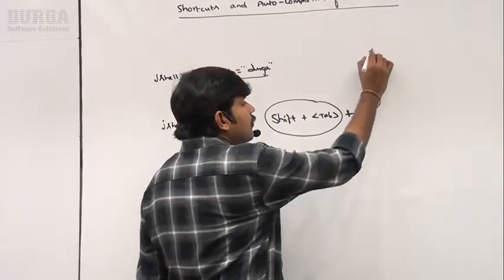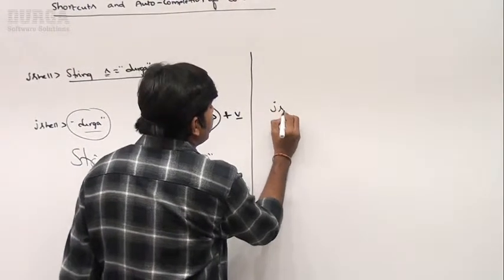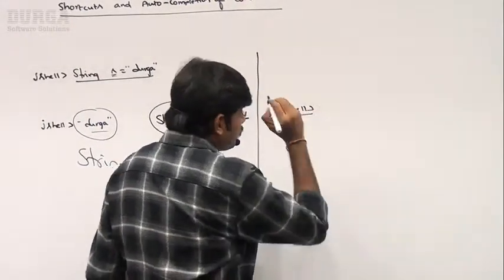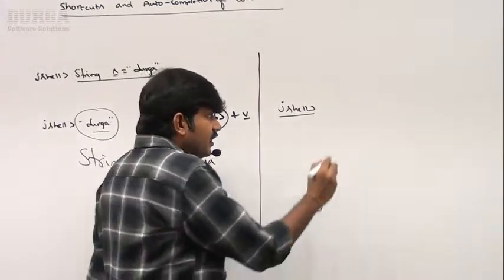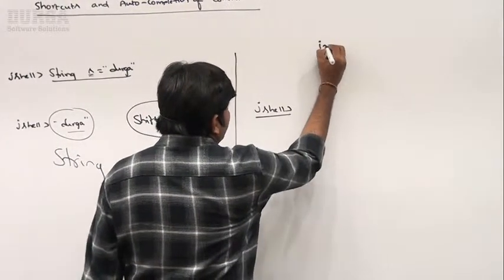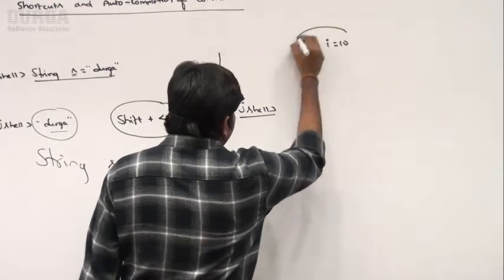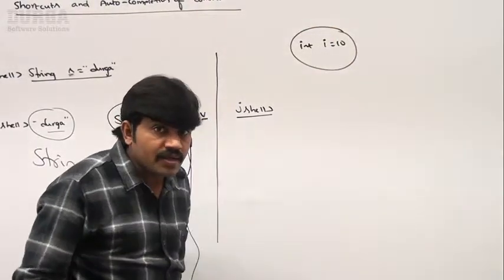Just observe, suppose I want to declare one int variable, right? Sir, int i = 10 is my requirement. You are not required to type the total.